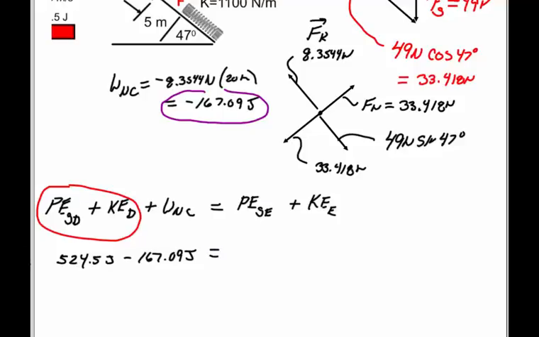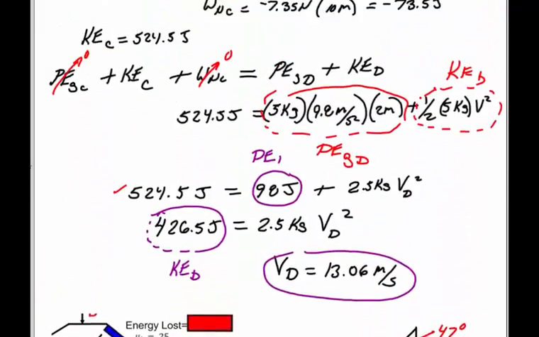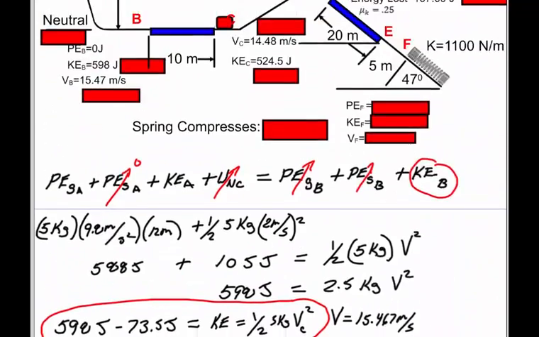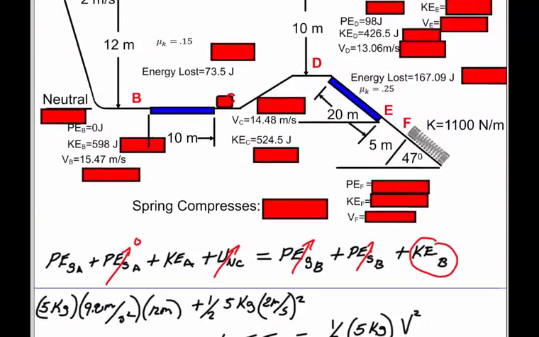Now this is a little different, but we'll go up and look at the picture. We need to find the distance down to E from this point.